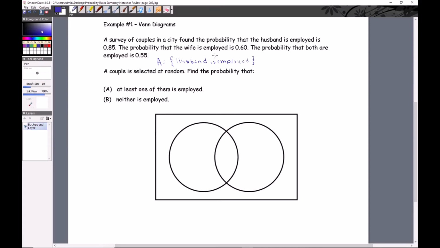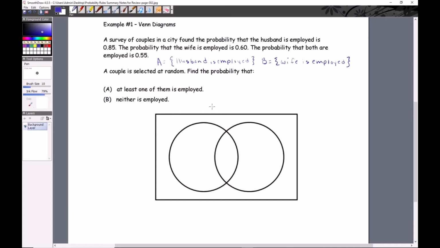The probability that the wife is employed is 0.6, so I'm going to call that event B, that the wife is employed. And they also give us the joint probability of 0.55. We're supposed to find the probability that at least one of them is employed and that neither is employed.